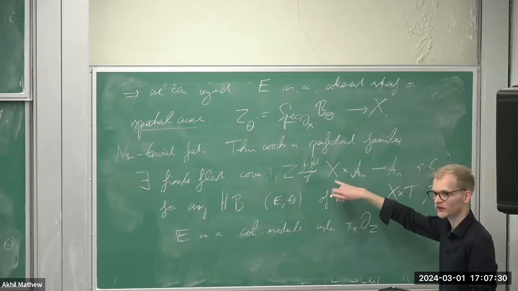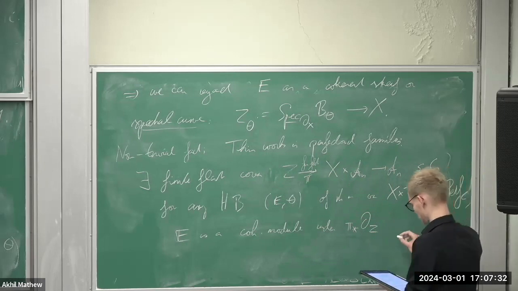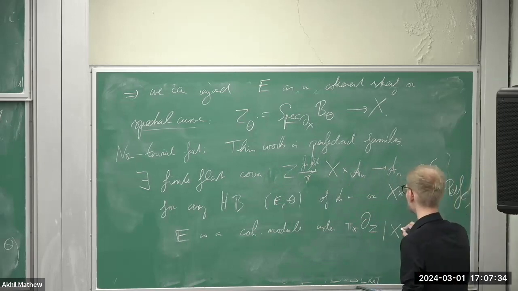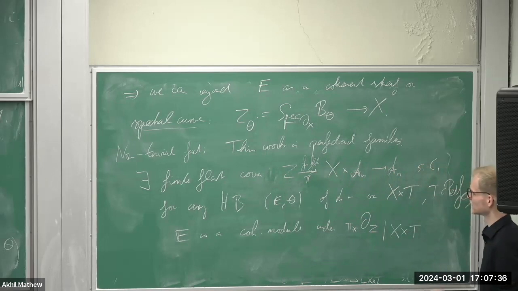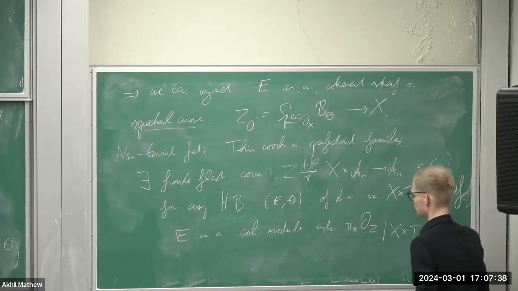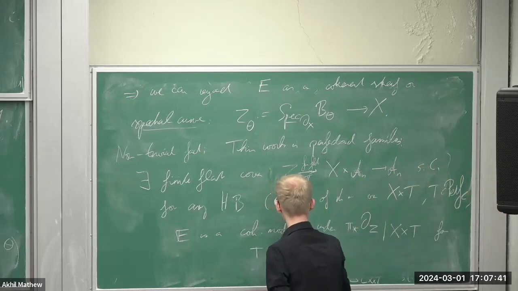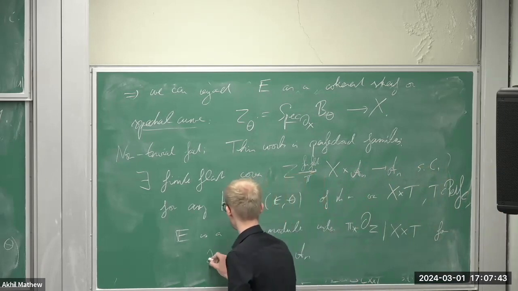So this is some coherent algebra, pulled back to X times T along the morphism from T to the Hitchin base, which is determined by the Hitchin image.